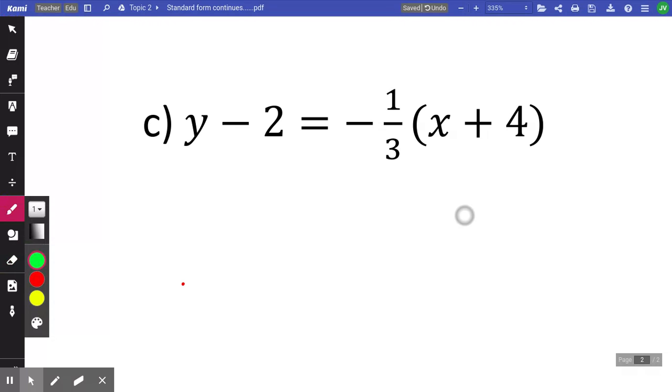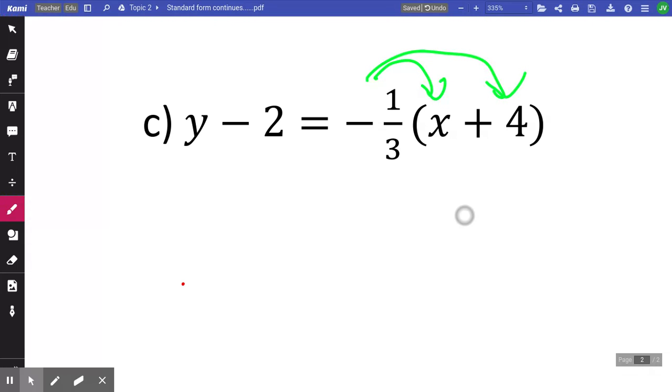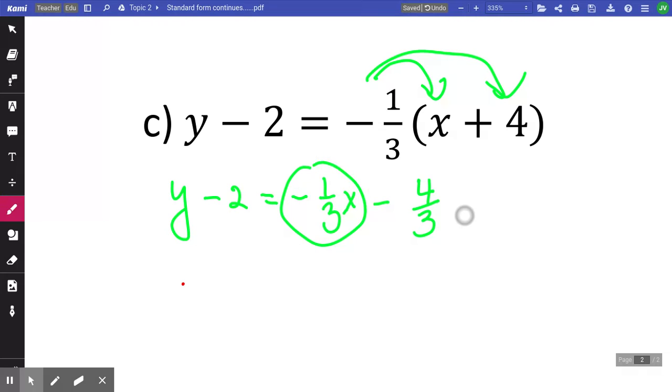So let's say you want to use the distributive property first, all right? You would get y minus 2 equals negative 1/3 x minus 4/3, okay? Now, I will switch this term to the left side by adding 1/3 x to both sides.